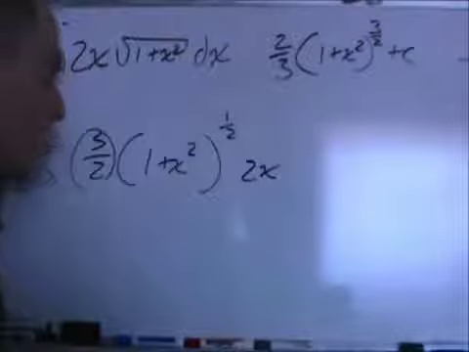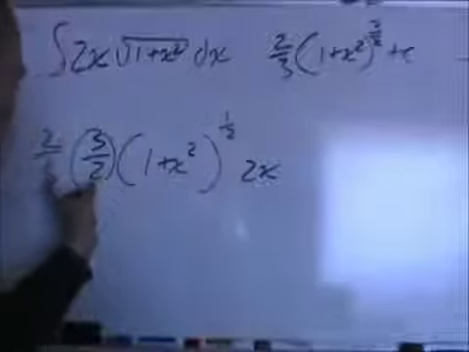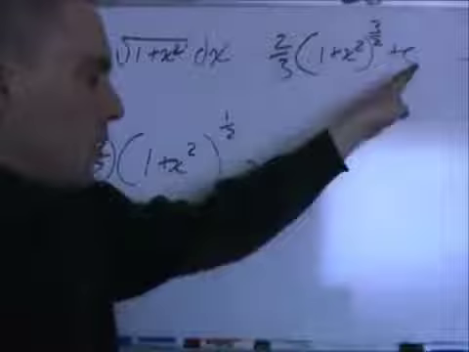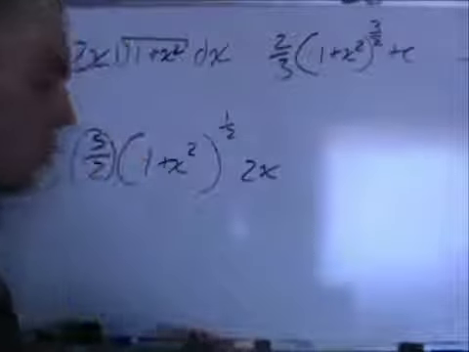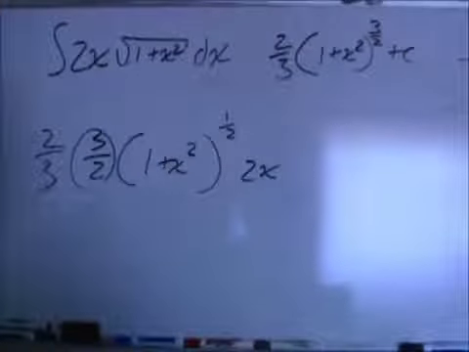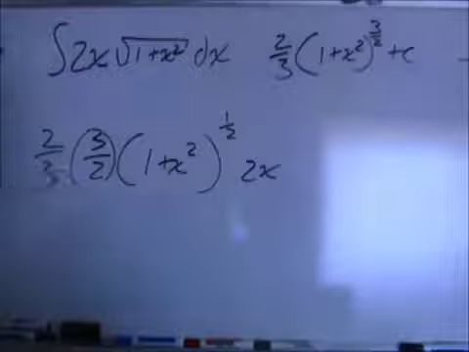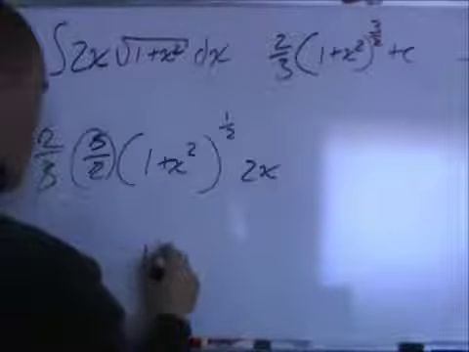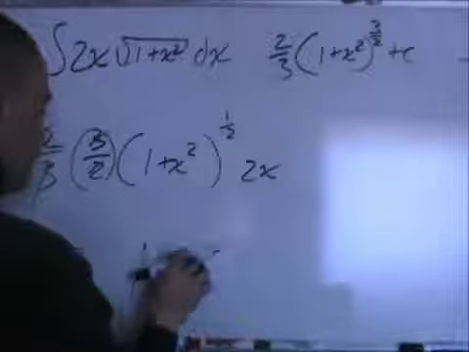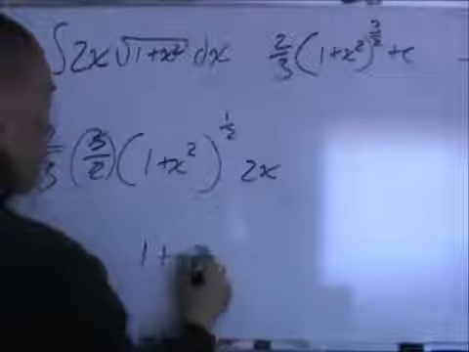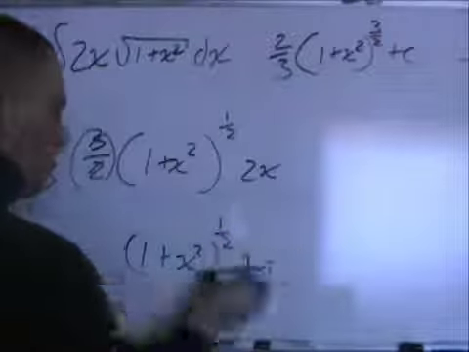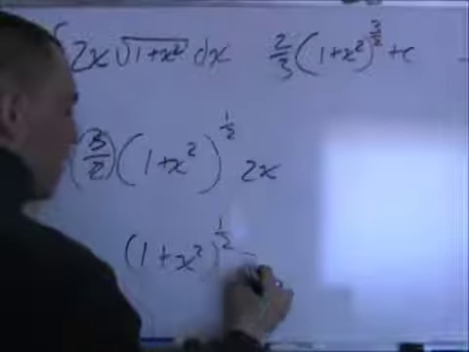That was not the most articulate I've ever said it. So derivative of the outer function, evaluated at the inner, times the derivative of the inner, and then this plus c just goes away because the derivative of a constant is just 0. And now it's a matter of simplifying. So the 3's cancel, the 2's cancel, and that's going to leave us with 1 plus x squared to the 1/2 power times 2x.